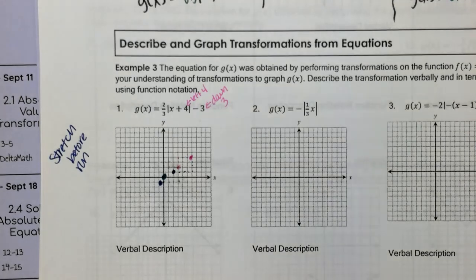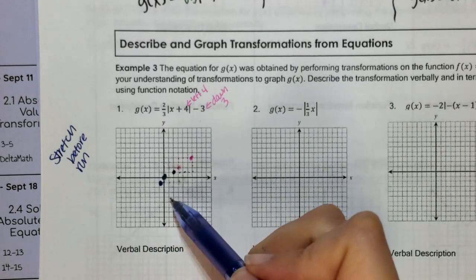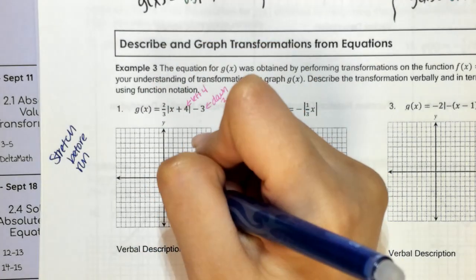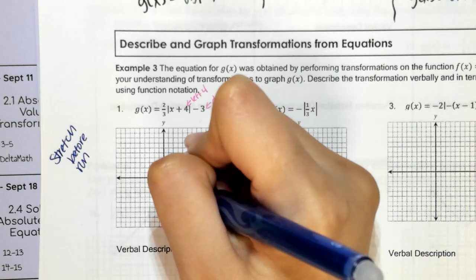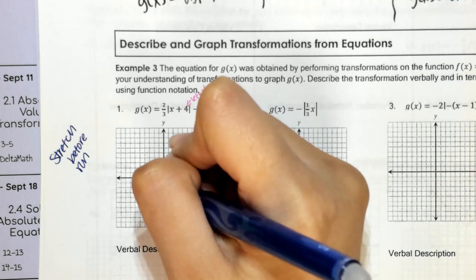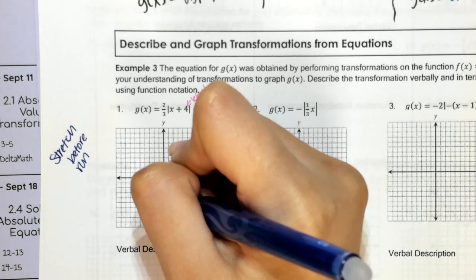0, 0 is just going to be 0, 0. So to move 0, 0, I'm going to go left 4 and down 3. 1, 2, 3, 4, and down 1, 2, 3.